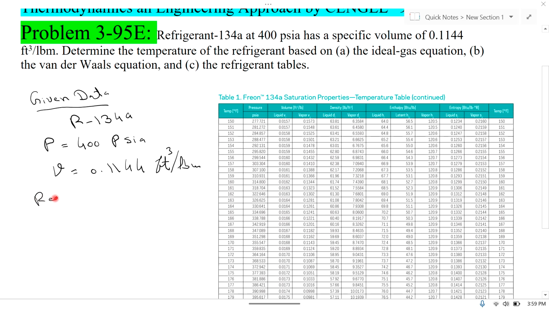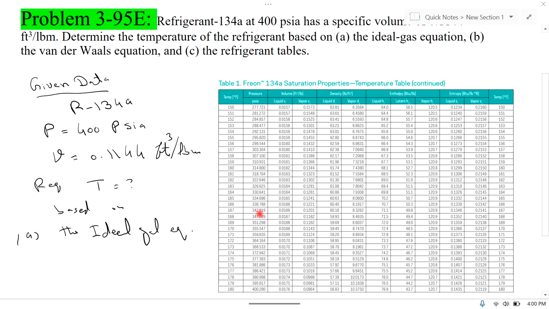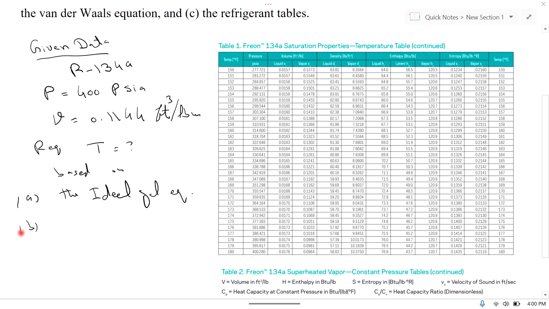Required is to find the temperature by three methods: number A, the ideal gas equation; number B, the van der Waals equation; and number C, the refrigerant table.